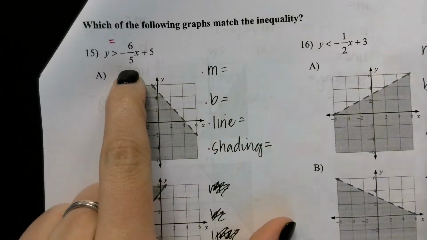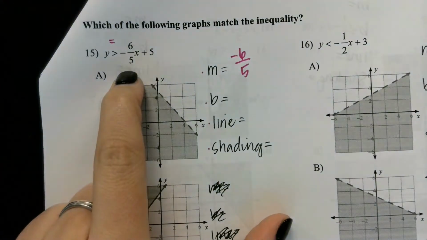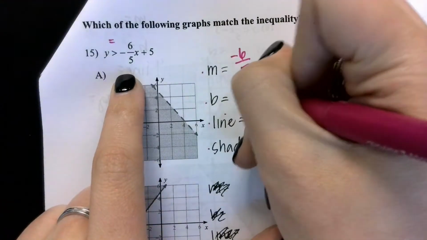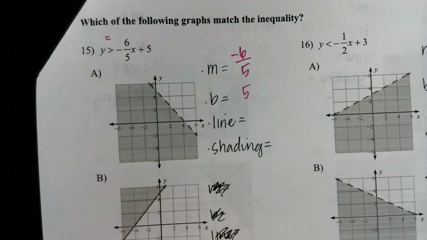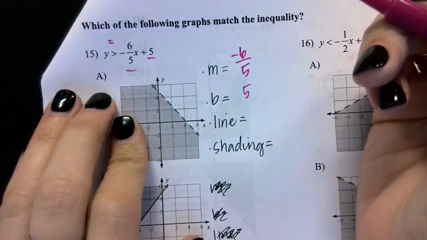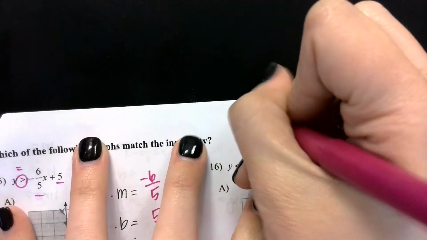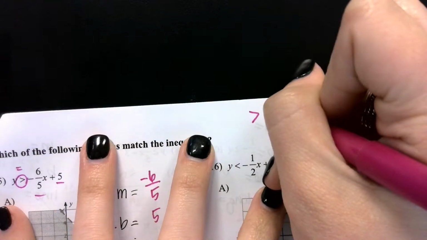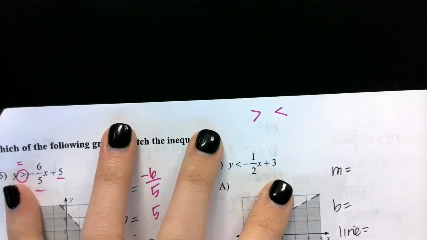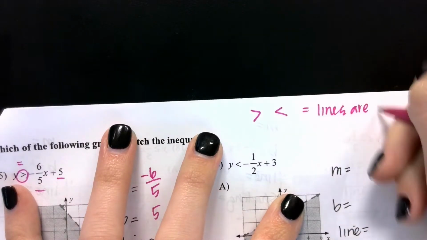So my slope is going to be the coefficient in front of the x, which in our case is -6/5. Our b is still going to be our y-intercept. So in number 15, the y-intercept is 5, according to our equation. And it's here where we look at the signs. You're going to learn this tomorrow, but if I have greater than or less than without the equal to signs, those lines are broken.